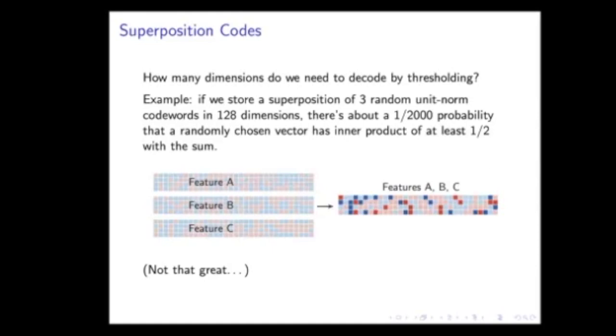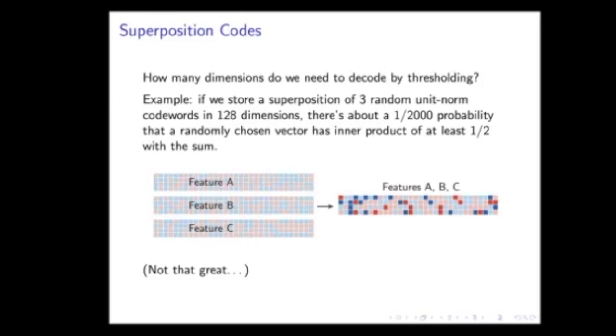And this is what sparse autoencoders do, right? And just to make things concrete, here's another illustration. Let's say I use D equal to 128. So I'm using 128 dimensions. I want to encode the set A, B, C. What I do is I choose a random vector for A, a random vector for B, a random vector for C, and I add them together.